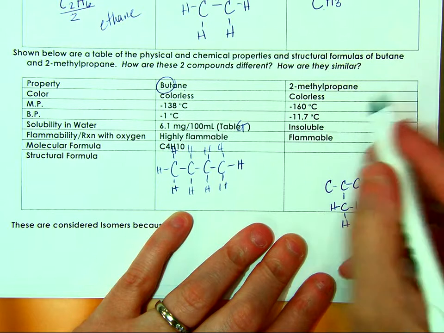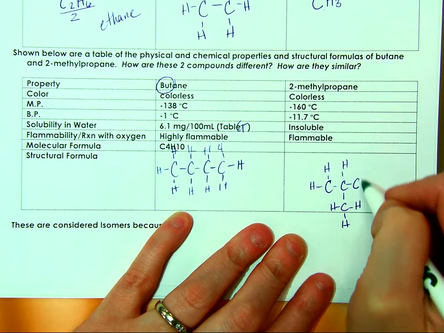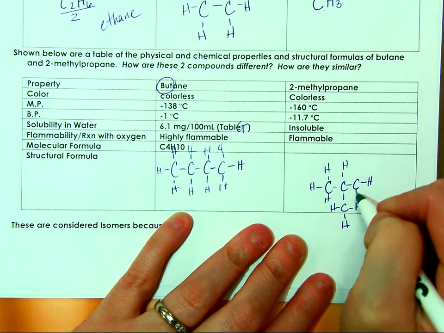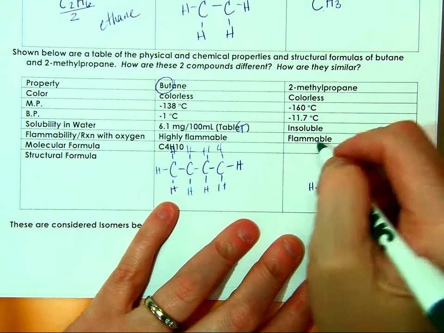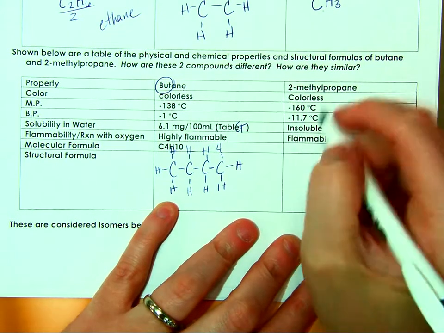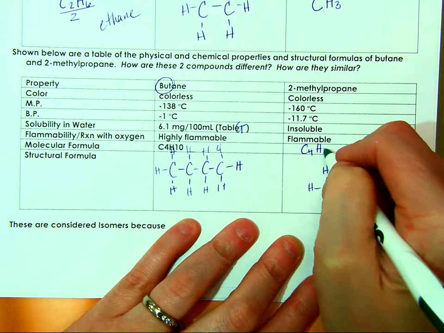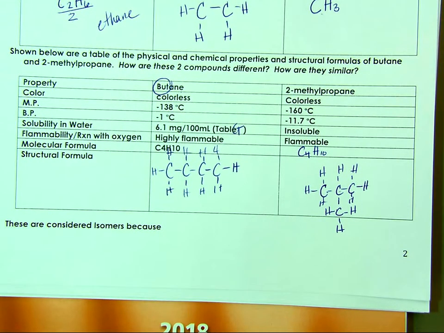So I have this structural formula. And if we were to count them all up, okay, we have 1, 2, 3, 4 carbons and 10 hydrogens. So why do I give you this example?